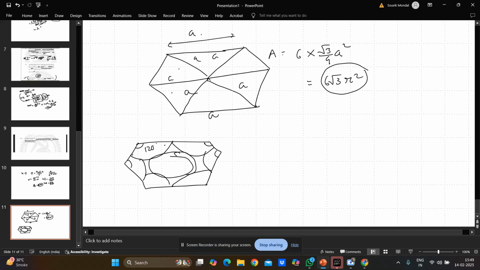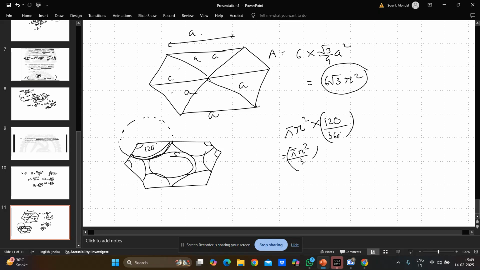Okay, so let's consider this atom. This atom has a total area of pi r square if you complete the circle. But only 120 degrees is inside this hexagon. So the partial area which is inside this hexagon is pi r square into 120 by 360, that is pi r square by 3, right?